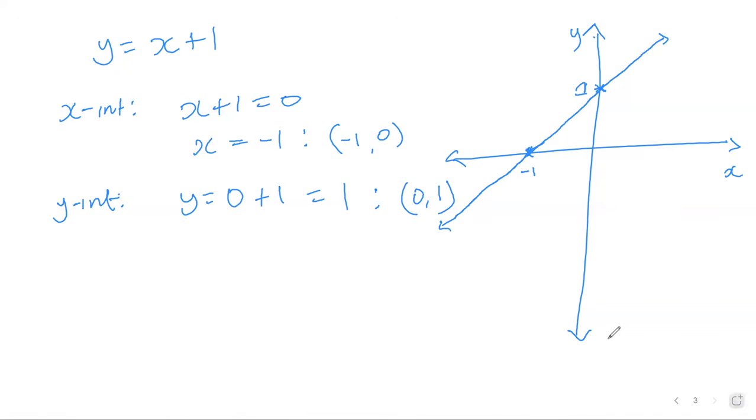Okay, let's take one more example. This is number 9. y equals 3x minus 5. Okay, so again, get our intercepts. The x-intercept is obtained by setting y to 0 and solving for x.